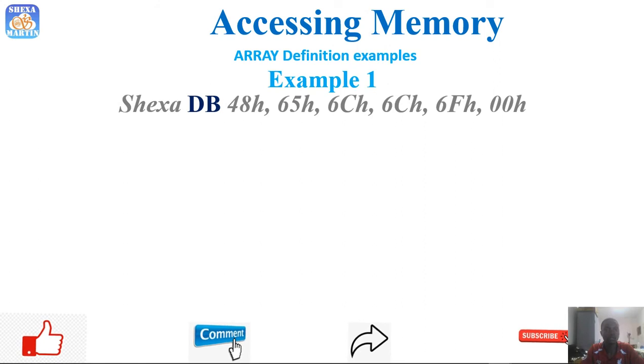Then what values do we have in our array? We have 48, 65, 6CH, 6CH as well, and then 6FH, 00H. H stands for hexadecimal. It's just telling our assembler that this value is in the hexadecimal number system. So this is just an example of how one can define an array.